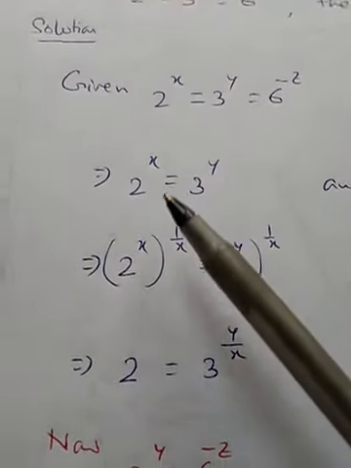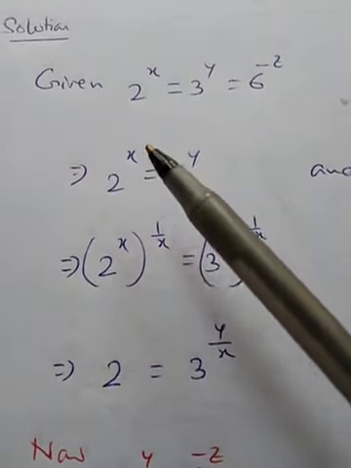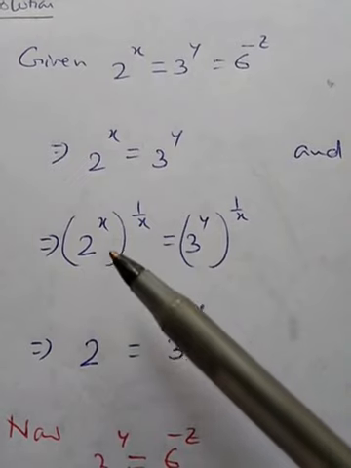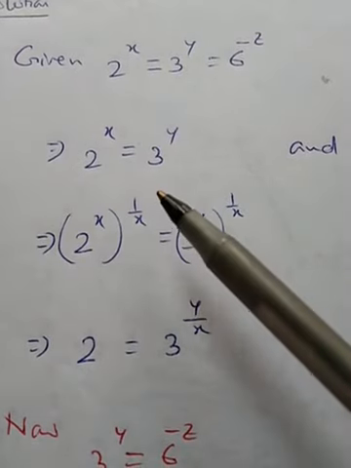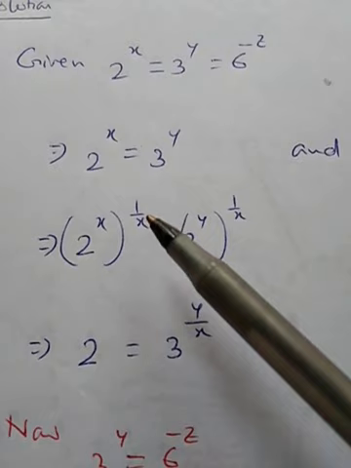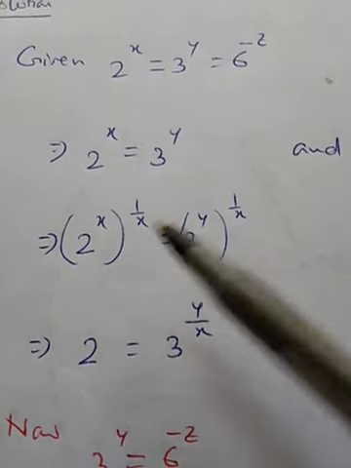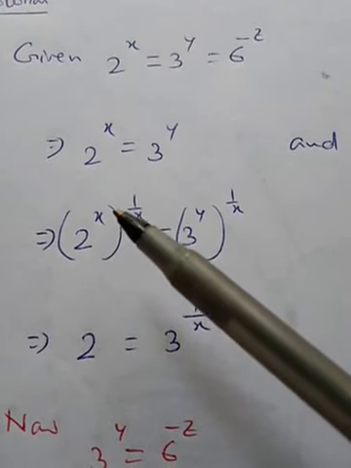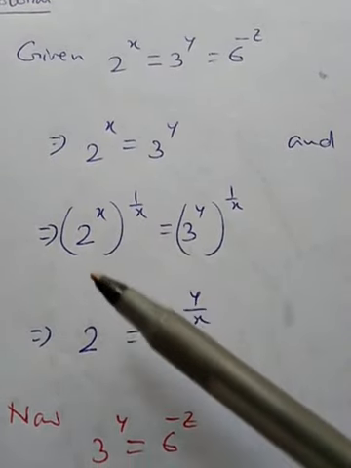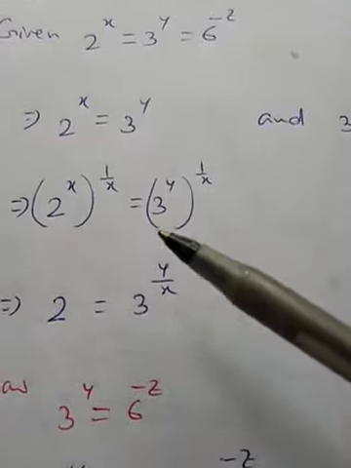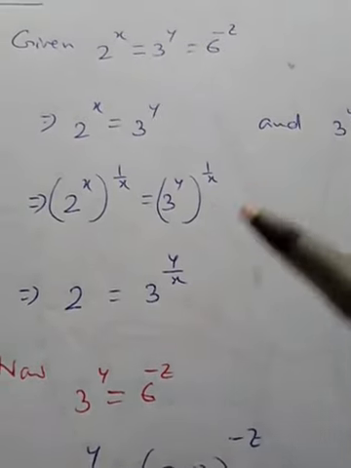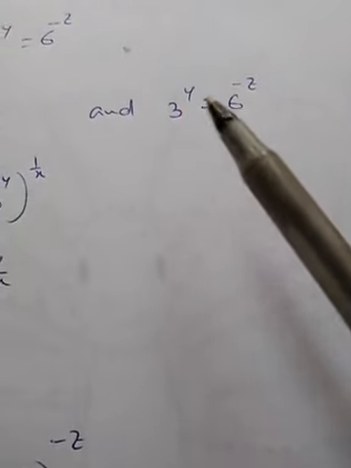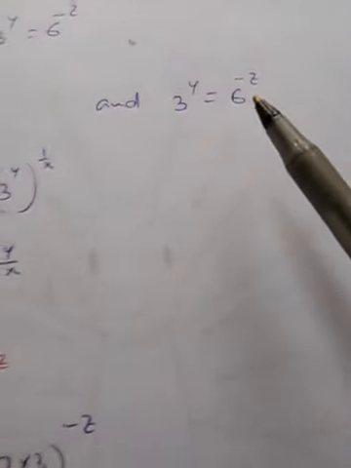Now here this exponent x we will have to remove. So for this, on both sides we write 1 by x as another exponent. Then it will be 2 to the power x into 1 by x, and only 2 will be left, and here it will become 3 to the power y by x. Now in the second relation, it is given 3 to the power y equal to 6 to the power minus z.